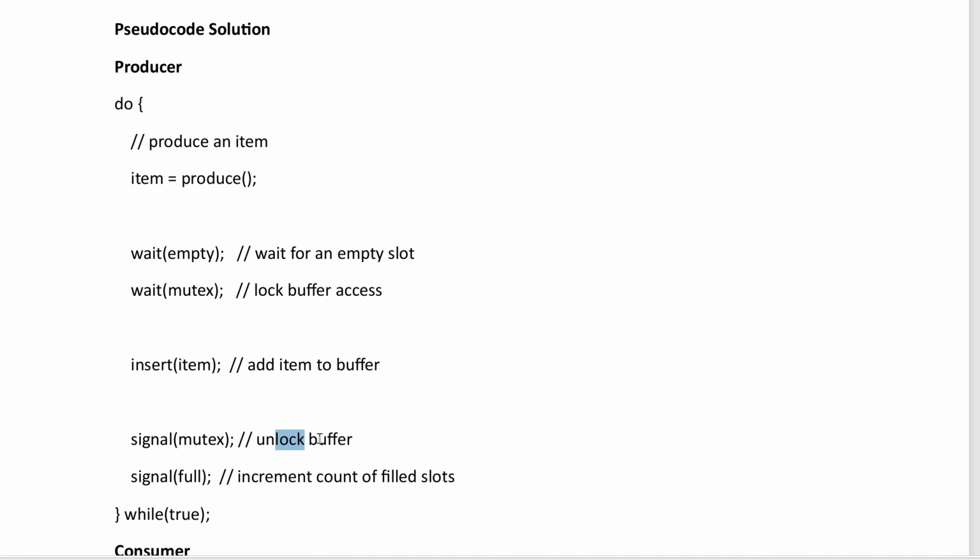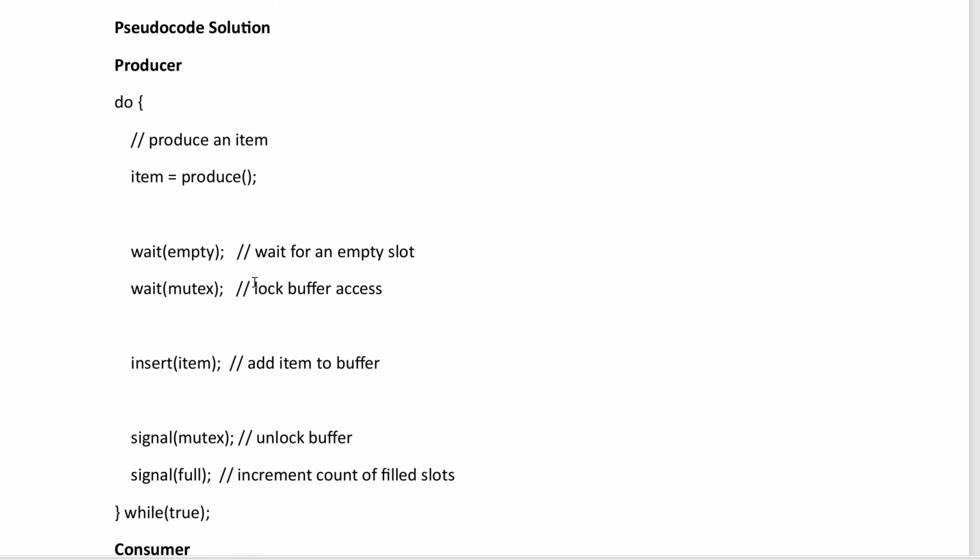Signal mutex means now the buffer is unlocked. And signal full means the count of filled slots is incremented by one, because the producer has produced an item and placed it into the buffer.